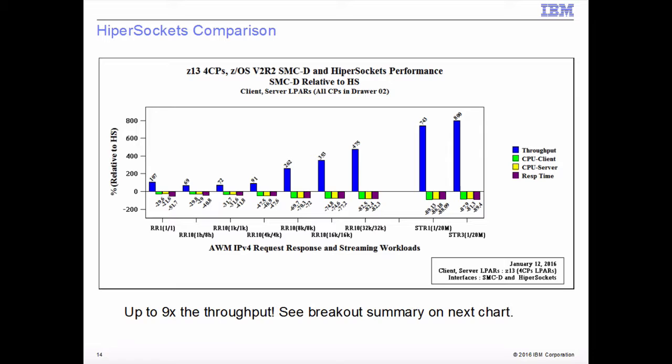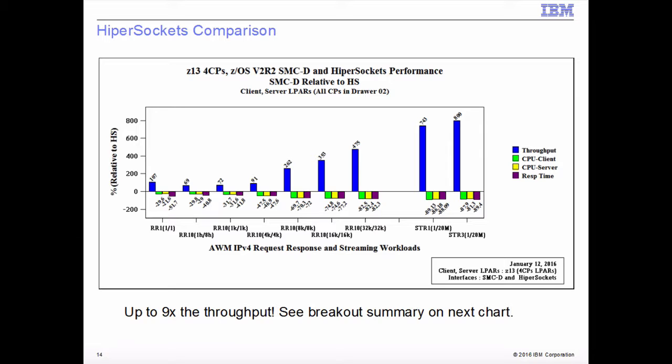You'll see here now again the scale and the intent here is the same as we looked at for SMC-R. But what we're comparing here now is TCP/IP using HiperSockets, LPAR to LPAR if you will, versus SMC using ISM. So it's SMC-D versus TCP/IP. And again, moving left to right, you'll see the same thing. A little bit different in this case.